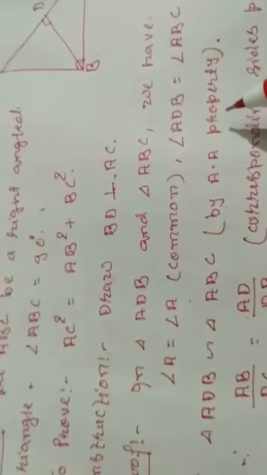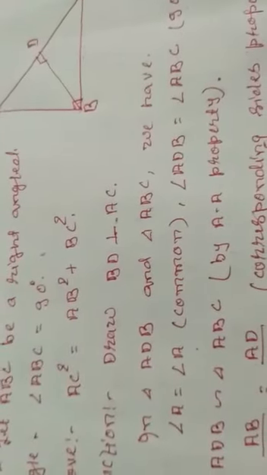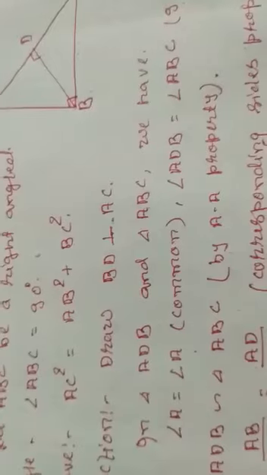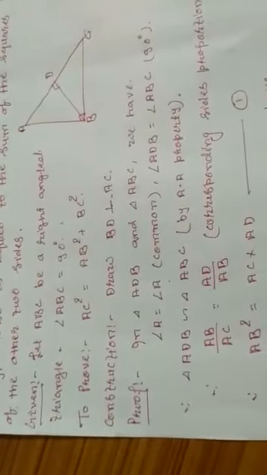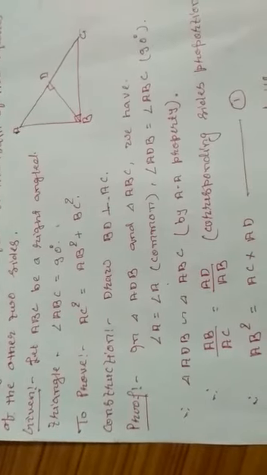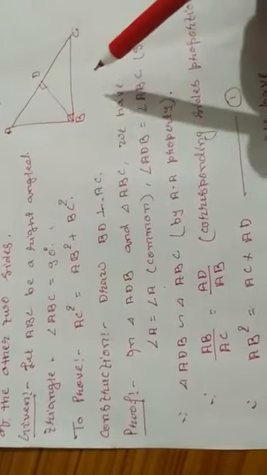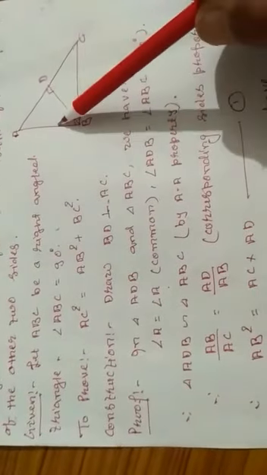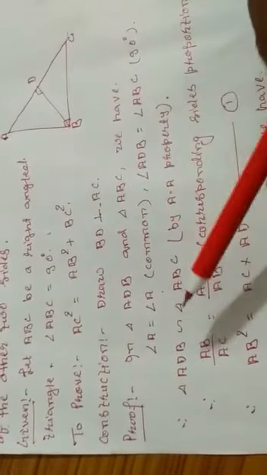And when two triangles become similar, then their corresponding sides must be proportional. So when these two triangles become similar, then by the property of similarity, we can have AB by AC. Look here, AB by AC.